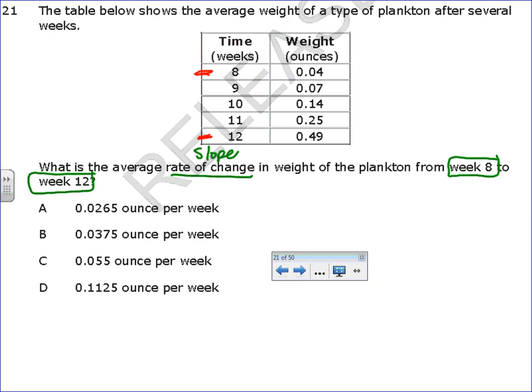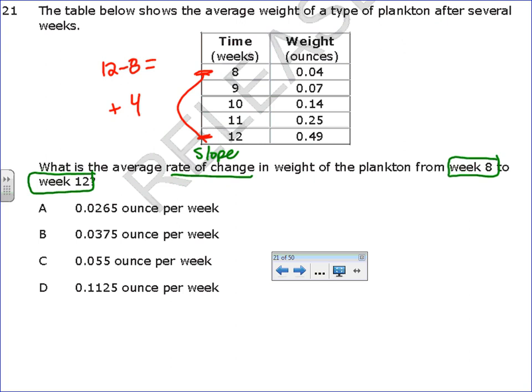Now, they made this one a little easier because they picked the top to the bottom, but the question on the EOC could say from 9 to 11, so please read carefully. So what I'm going to do to solve this problem is I need to find out the difference. I'm going to say 12 minus 8 is 4, so this is a time span of 4.